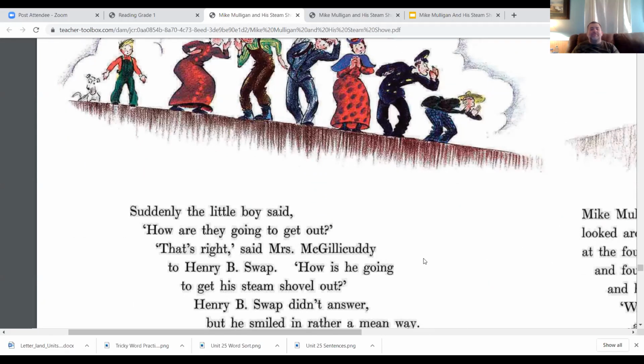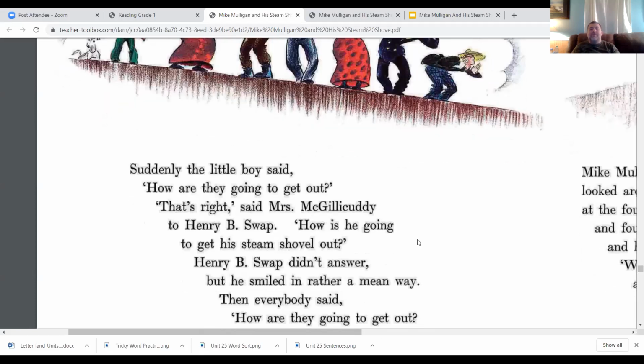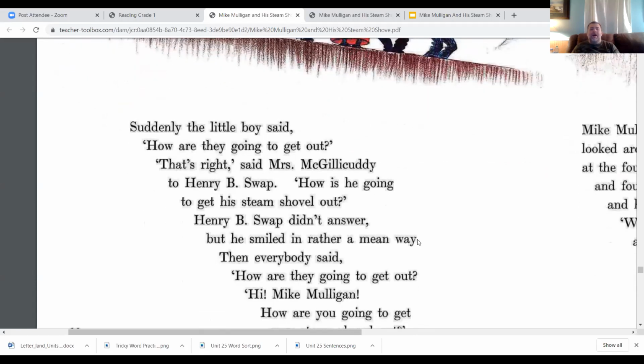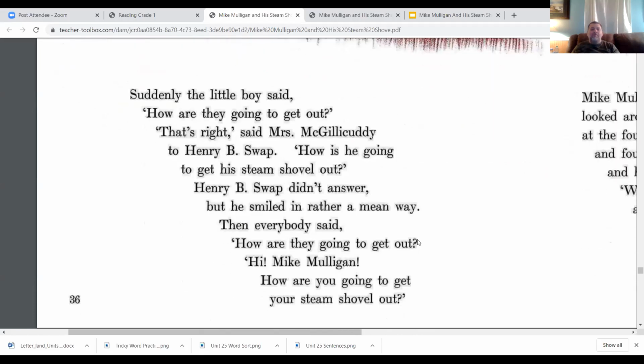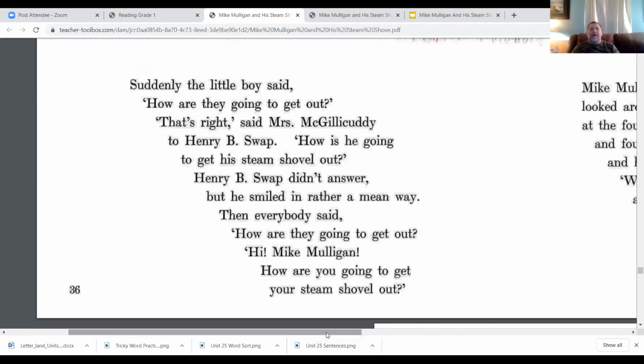"That's right," said Mrs. McGillicuddy to Henry B. Swap. "How is he going to get his steam shovel out?" Henry B. Swap didn't answer, but he smiled in a rather mean way. Then everybody said, "How are they going to get out?" "Hi, Mike Mulligan. How are you going to get your steam shovel out?"